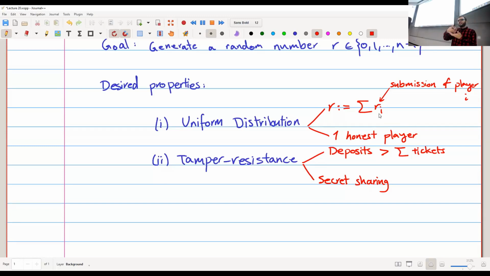So if I had T dishonest players that were somehow colluding with each other, they could actually violate the tamper resistance, and they could get any result that they wanted. So I have to have more than T honest players and less than T dishonest players. So this means that more than half of my players had to be honest.